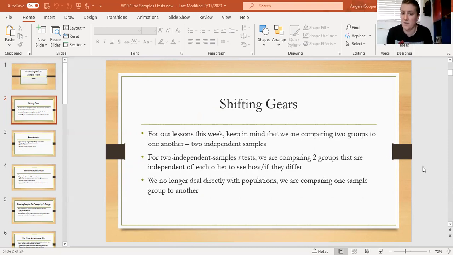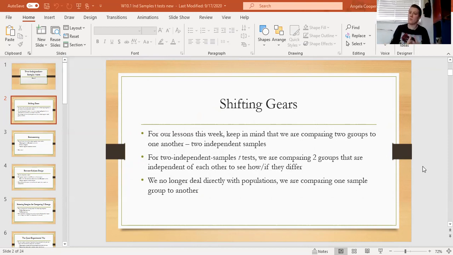We're comparing the differences. So now we're going into the realm of no longer being provided any information about the population, like we did with the one sample T and Z tests. Remember that we said, on average, Americans are lazy, or we just had this generic population that we were provided the mean for, and at the very least the standard deviation if it was a one sample Z test.